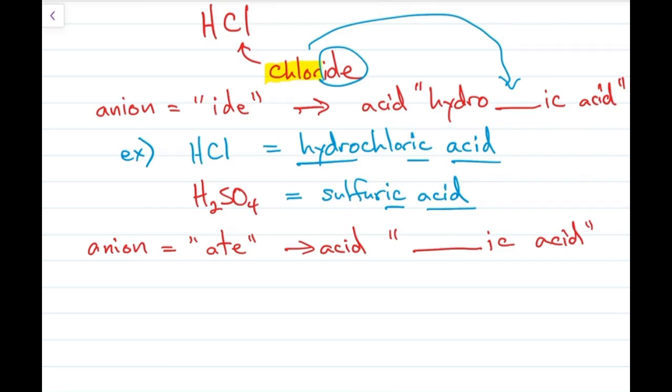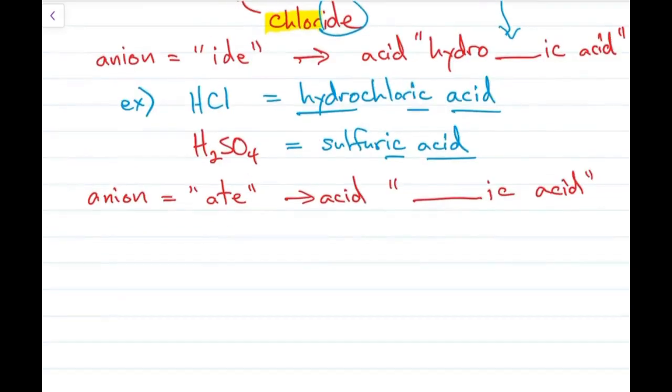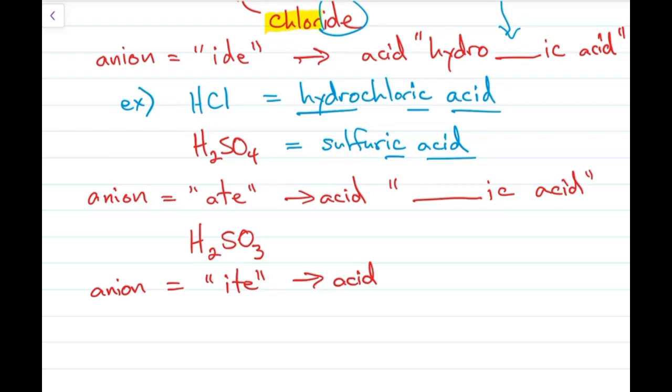All right. And then there's one more rule that I'll give you. If we have, let's say, H2SO3, all right, so that is hydrogen and sulfite. So that's my last rule. If the anion ends in ite, the acid is going to be, again, no prefix, but instead of ic, it's going to end in us, O-U-S, acid.